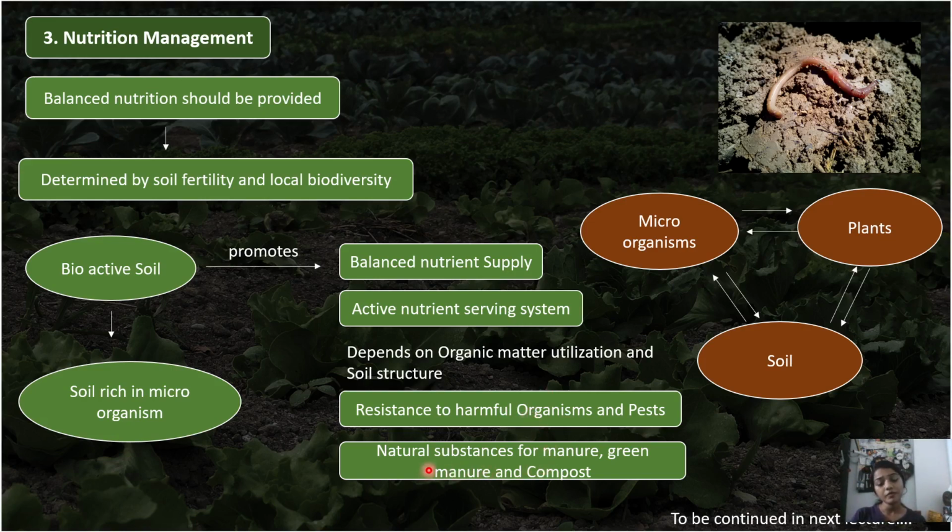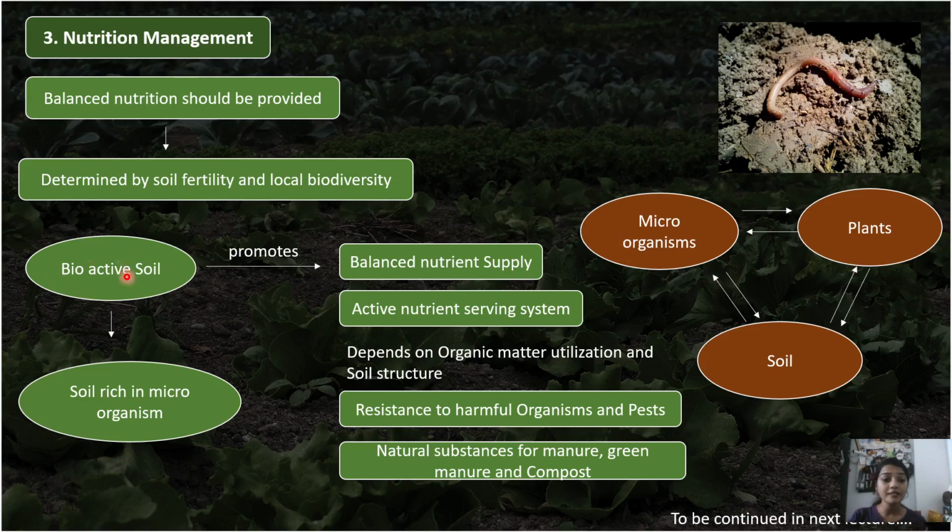To create bioactive soil, natural substances like manure, green manure or compost can be used to make a soil nutritionally active, to make a soil bioactive, right? So in organic farming, nutrition management always plays a key role in preventing diseases.